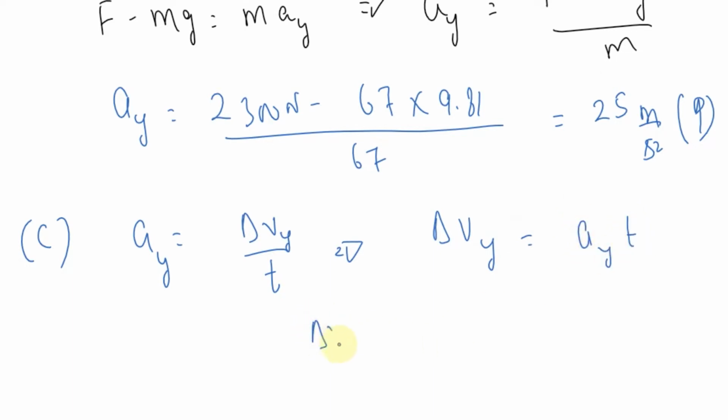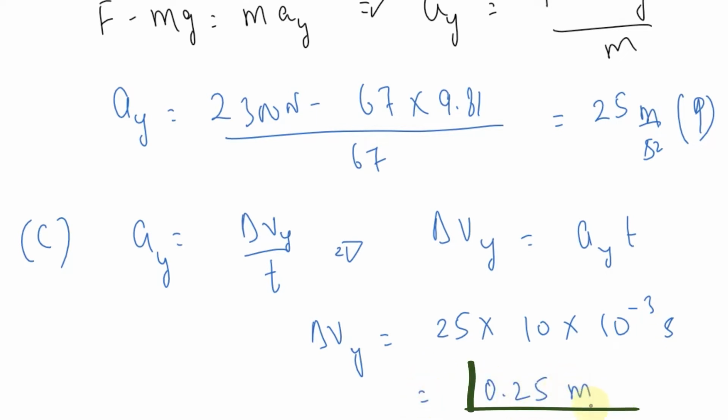Now the change in vertical velocity equals ay, we have 24, and time is given to be 10 milliseconds. We can convert it into seconds by multiplying with 10 to the power minus 3, and on solving you'll get this value to be 0.25 meter per second. So this is the required answer.